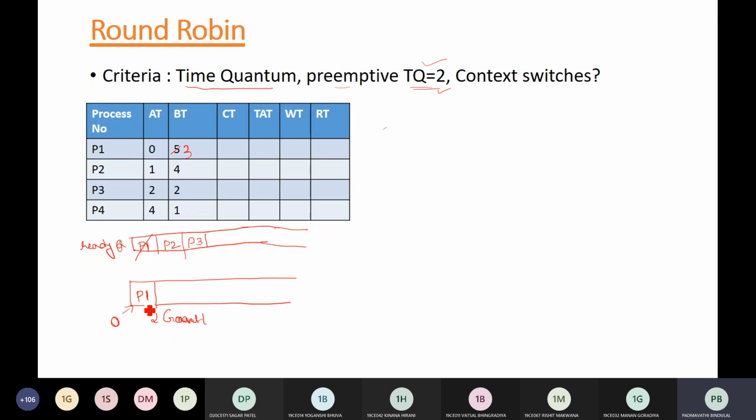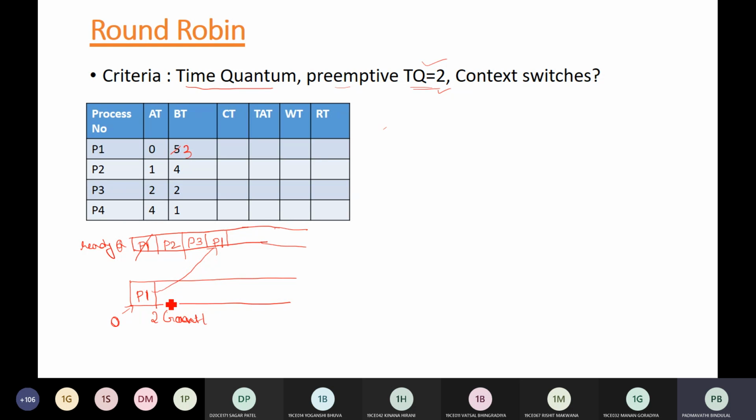Now, after completing the 2 seconds of P1, you have to shift it back to the ready queue because you want to load another process in the processor. So always remember, first you load the new processes into your ready queue, then you shift the remaining part of your process into the ready queue.